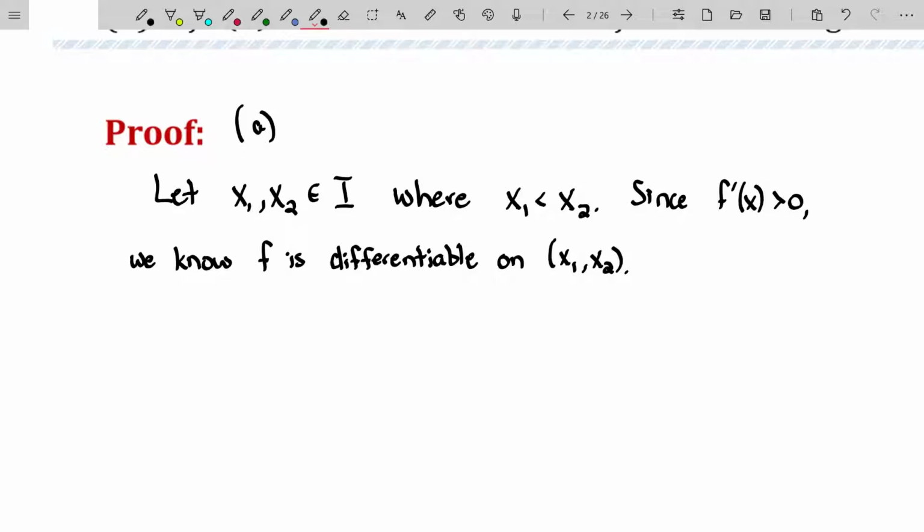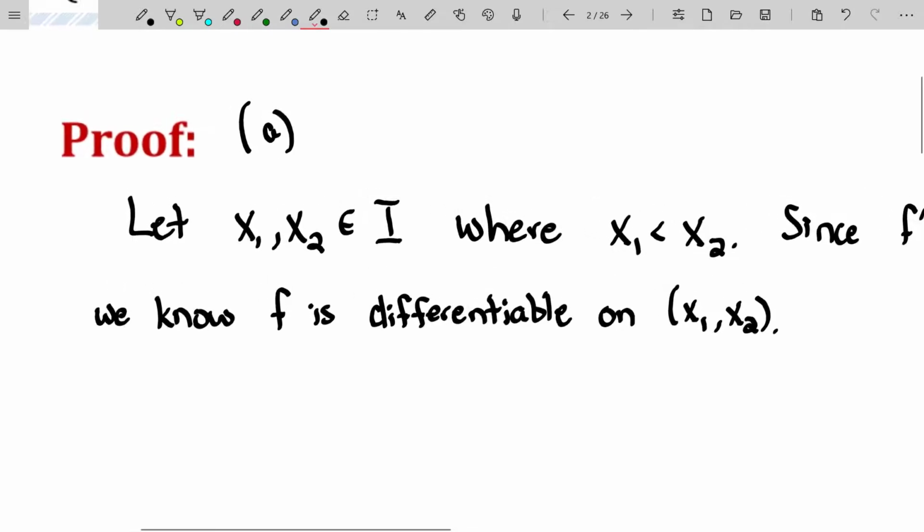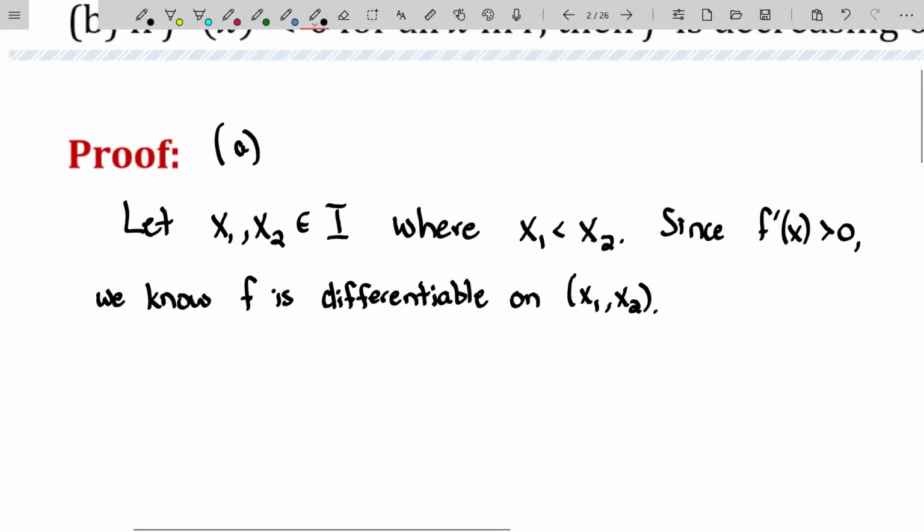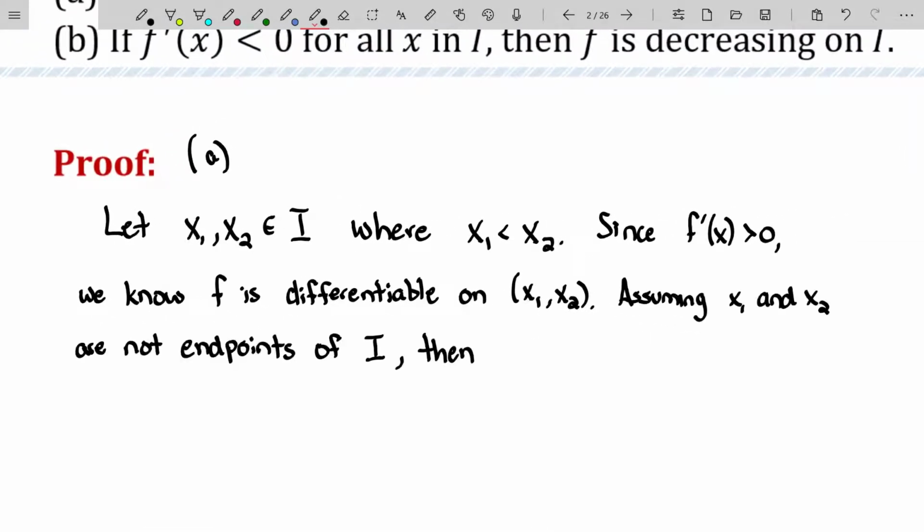Now, I also want to mention here that x1 and x2, I'm going to assume are not the edges of the interval I. That is just for a very specific reason that I'm about to mention, but I'm going to assume that x sub 1 and x sub 2 are not the endpoints of I. In fact, let me write that cleanly right here.